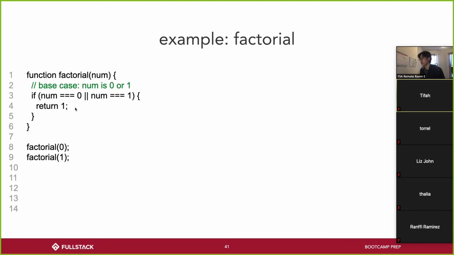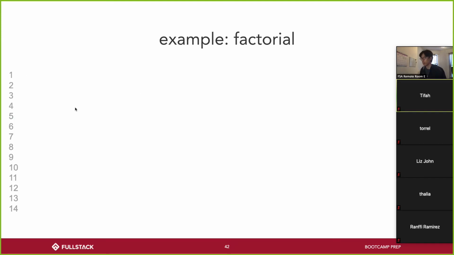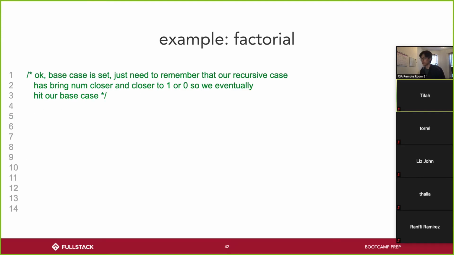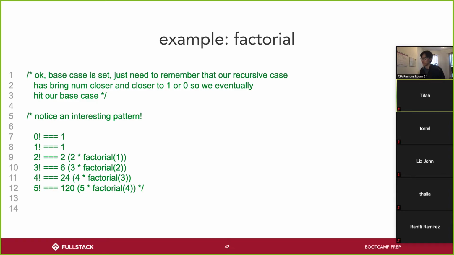Now, how do we get to our recursive case? There's a little pattern here where essentially factorial of a number is that number times factorial of that number minus 1.